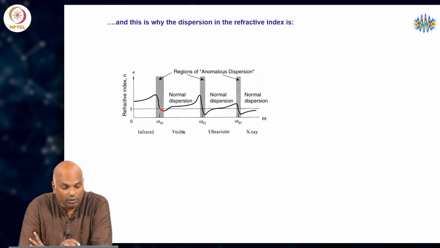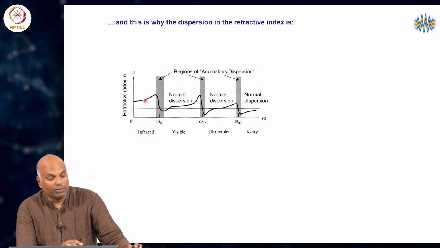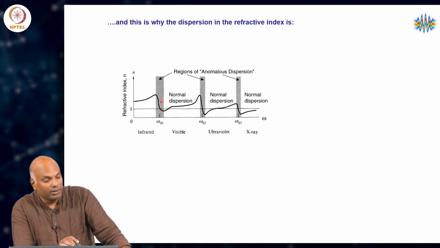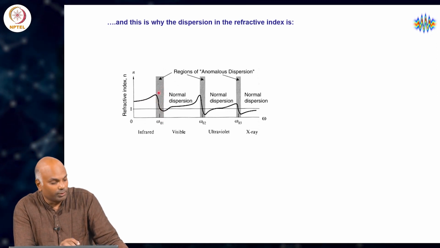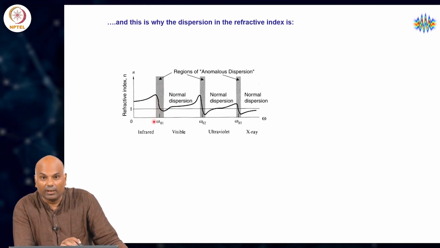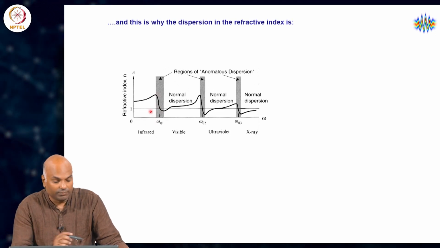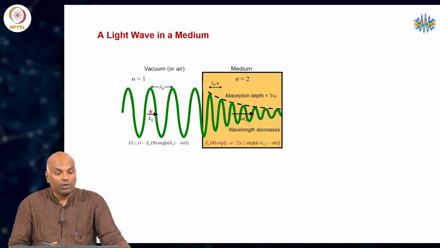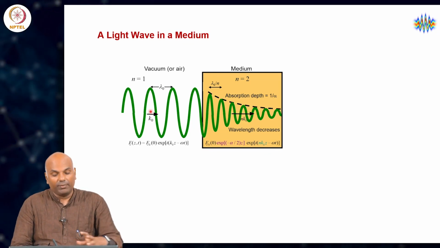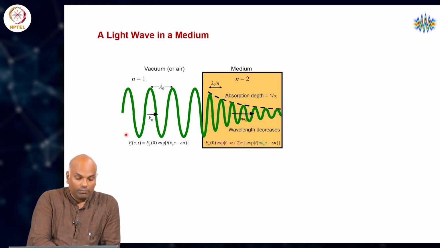This downward slope is the region of anomalous dispersion, whereas the upward is normal dispersion. So you have small windows of opportunity where some media can have anomalous dispersion, which can help us manage dispersion in optical systems.